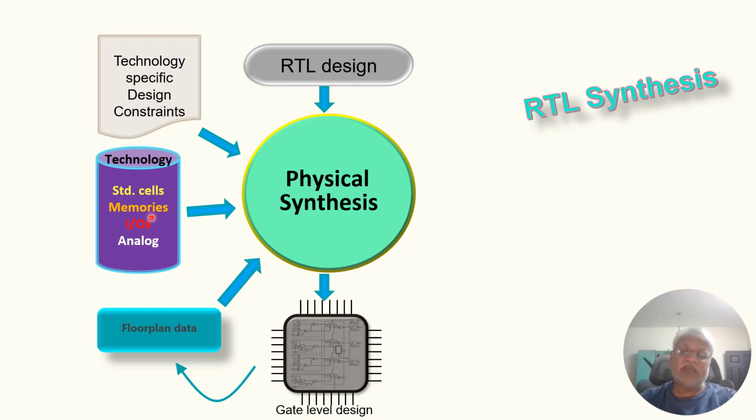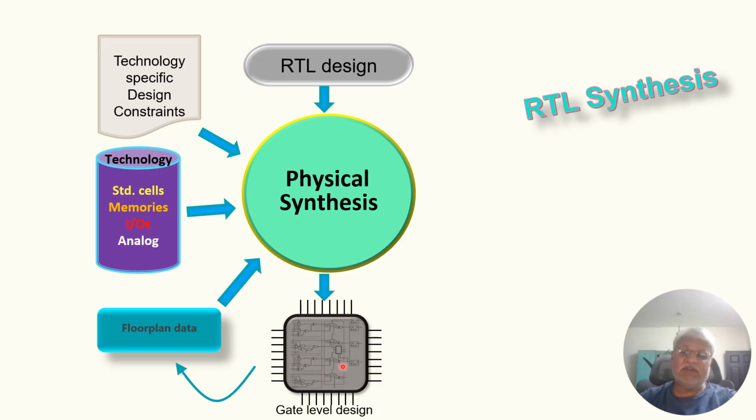memories, IOs, and analog, all these things, their physical locations are specified in the floor plan data, and they will be processed along with the earlier elements like RTL design, technology data, and constraints, and IP data, and then a new gate level design is created.